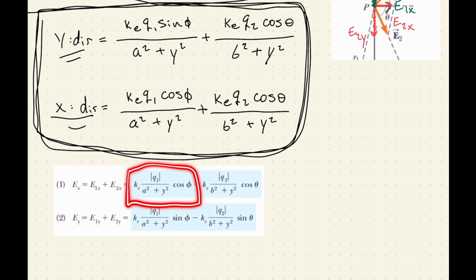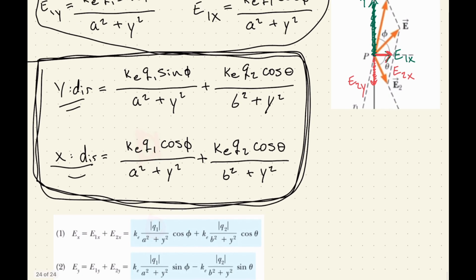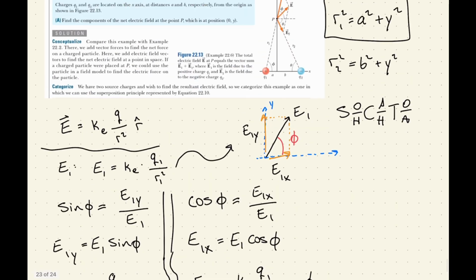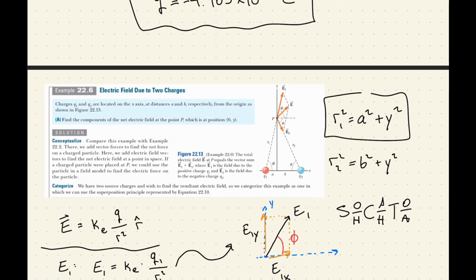We have this thing, which is the cosine of phi. We have the x direction here. So what we have is KE. We have a KE here. Q1, we have a Q1 here. It's magnitude bars, but I don't think it matters since they're asking us for the net electric field.